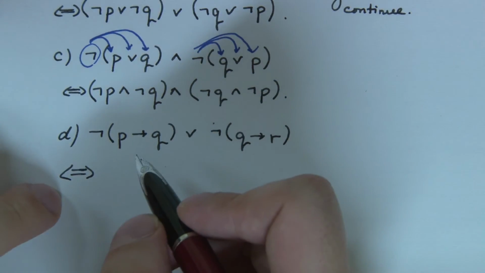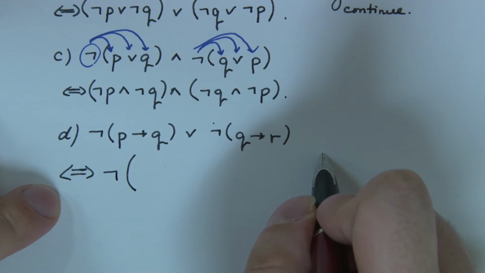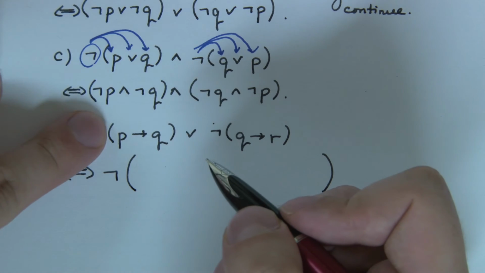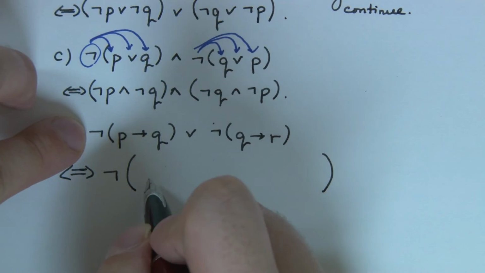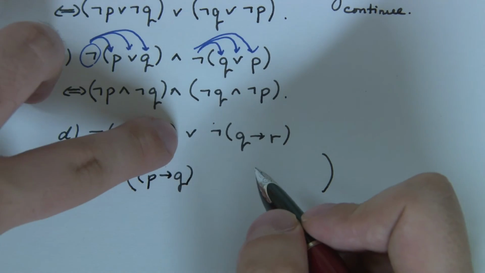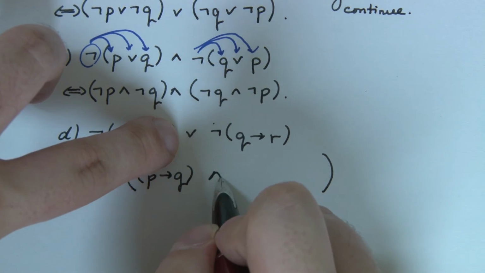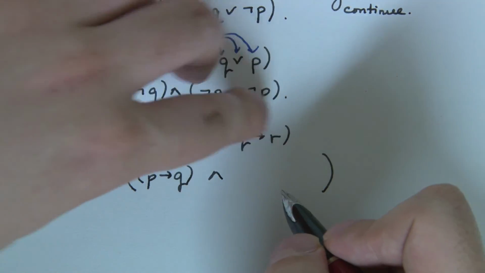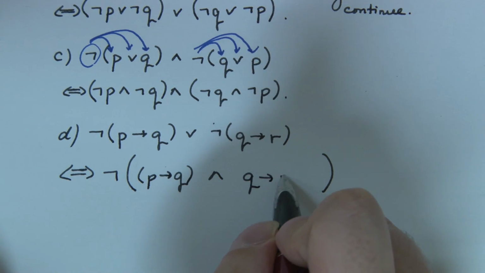Okay, so what I want to do is start out with a negative, pull that out. So the negation, if I take the negation of this part here, I get just P implies Q. The disjunction flips to a conjunction, and again I take the negation of this, it just becomes Q implies R.